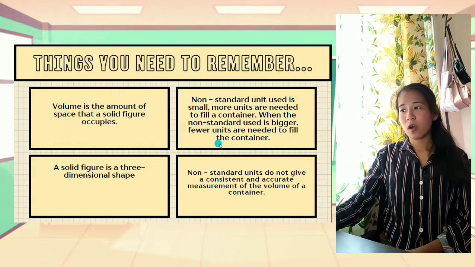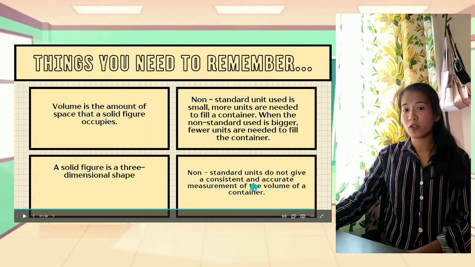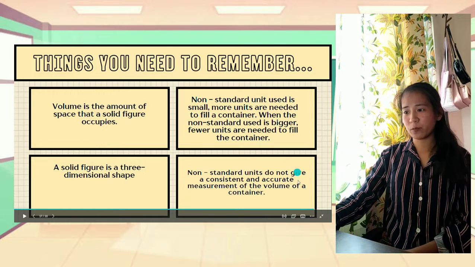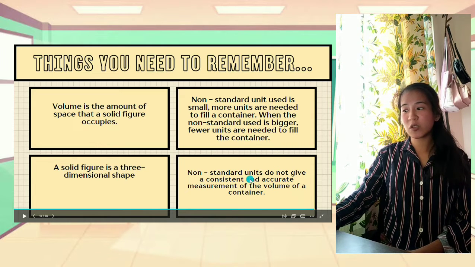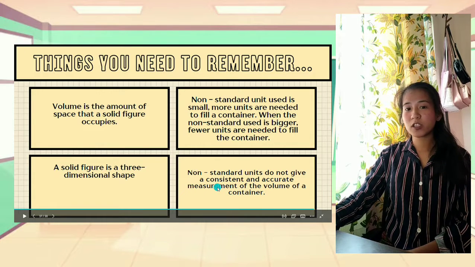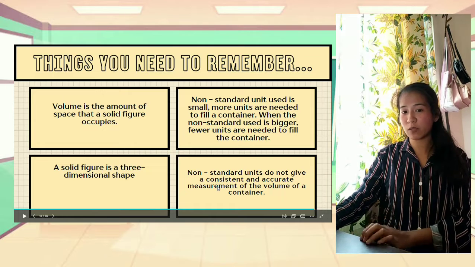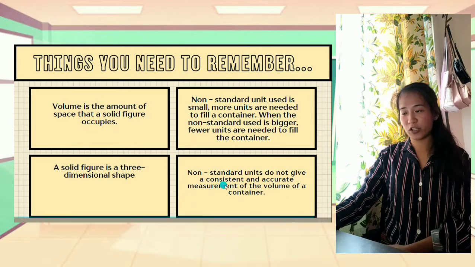So that's why, when we measure volume using non-standard figures, non-standard units do not give a consistent and accurate measurement of the volume of a container. It is because it always depends on the size and the amount of the items you put in the container.